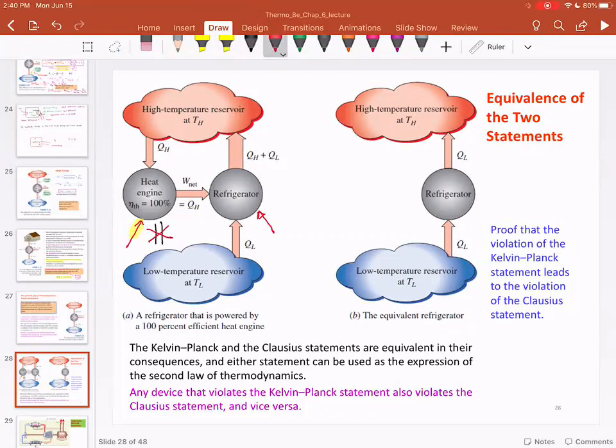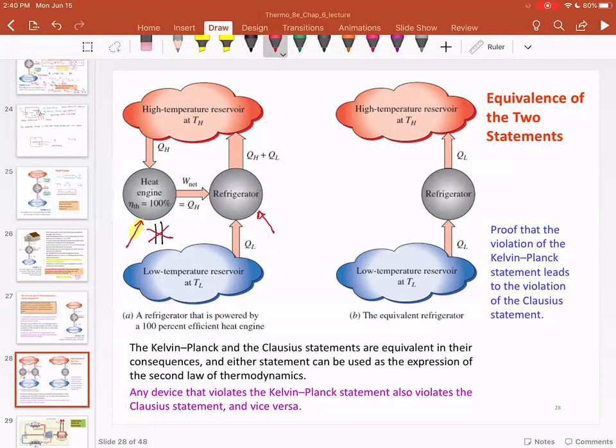That means the heat engine does not need to reject heat. Then what I could potentially do is take whatever heat is coming into the heat engine, and all that work is used to run a refrigerator.